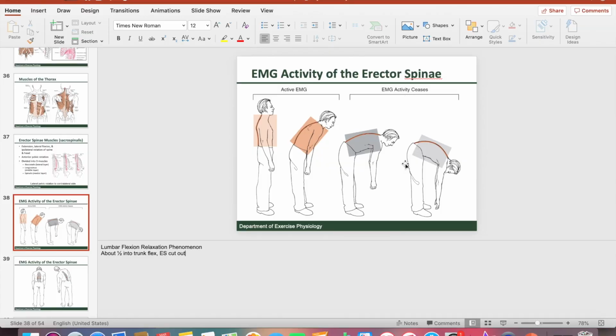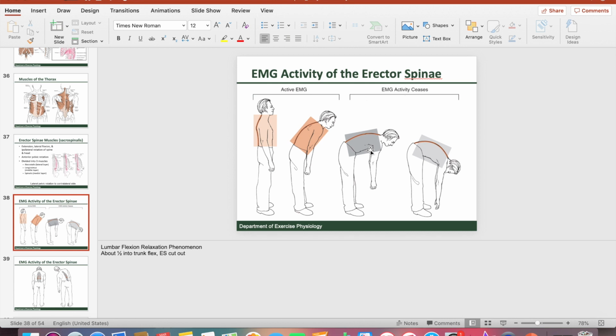This is typically where an individual is going to cause some type of back problem, and that's why a lot of back problems involve those small intricate muscles of the spine, because the erector spinae just cuts out in this position. We call that the lumbar flexion relaxation phenomenon.